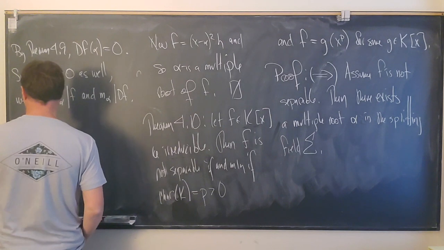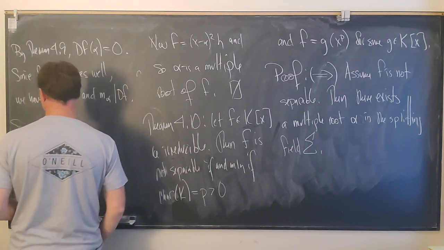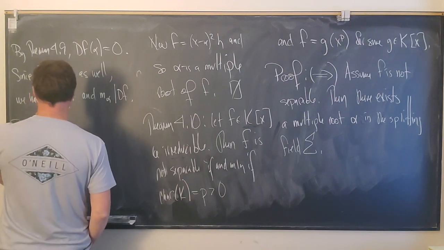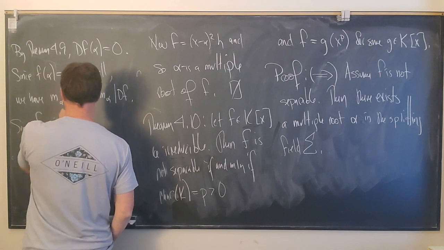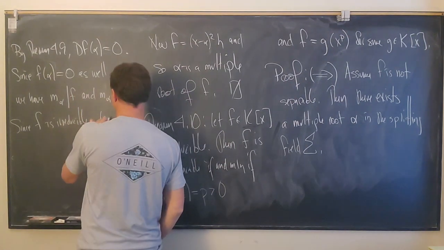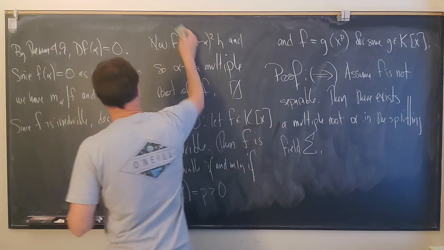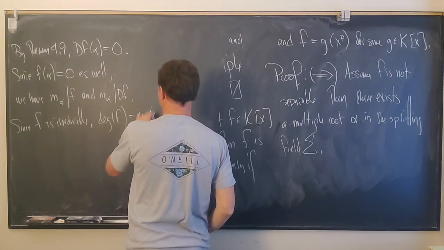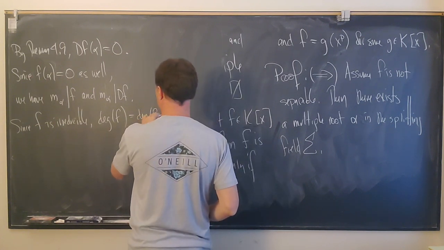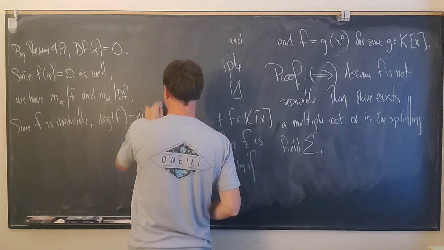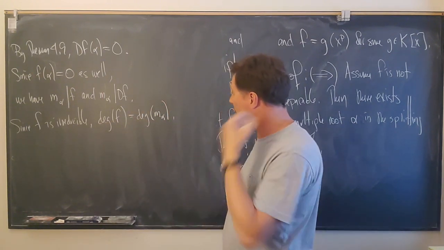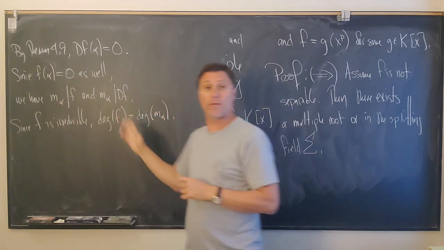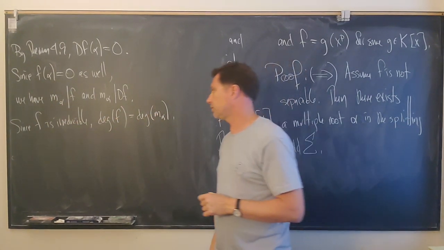So since f is irreducible, the degree of f equals the degree of m sub alpha. However, we know that the degree of the derivative is at least 1 less.